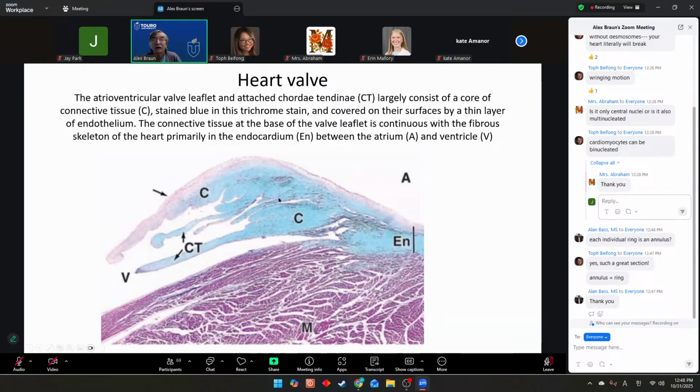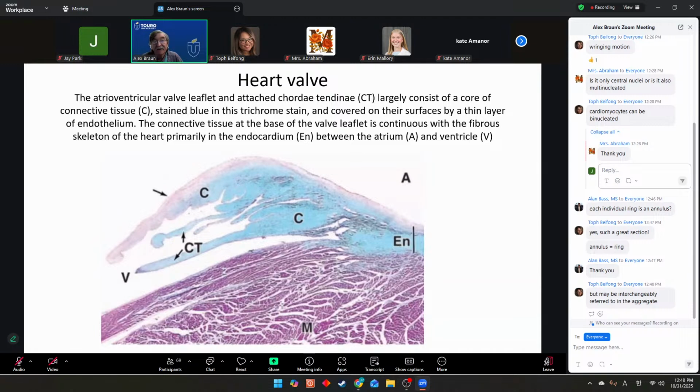So essentially, the heart valve, again, is a projection of the endocardium, and its components are continuous with other elements of the heart. The connective tissue in the core is continuous with the cardiac skeleton, and the endothelium is continuous with the endothelium covering the chambers of the heart. Now here we see a chordae tendineae. This is an atrioventricular valve.